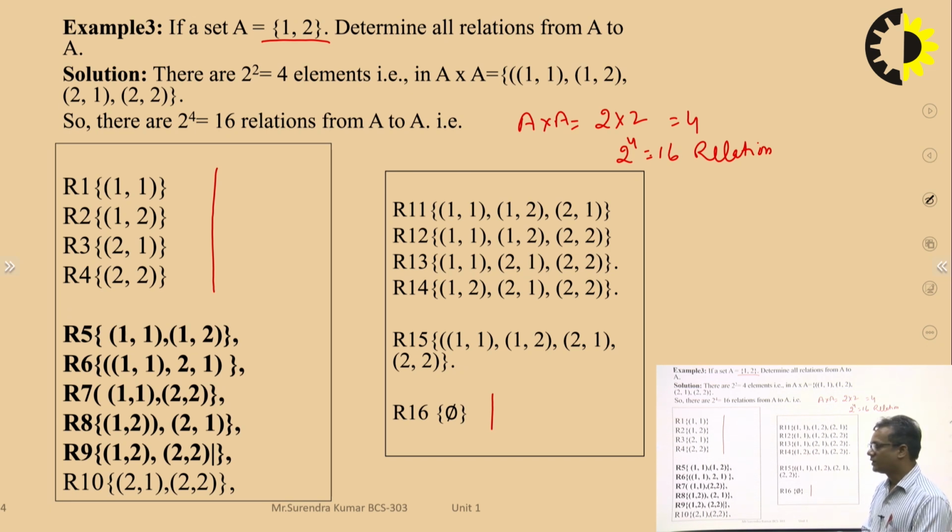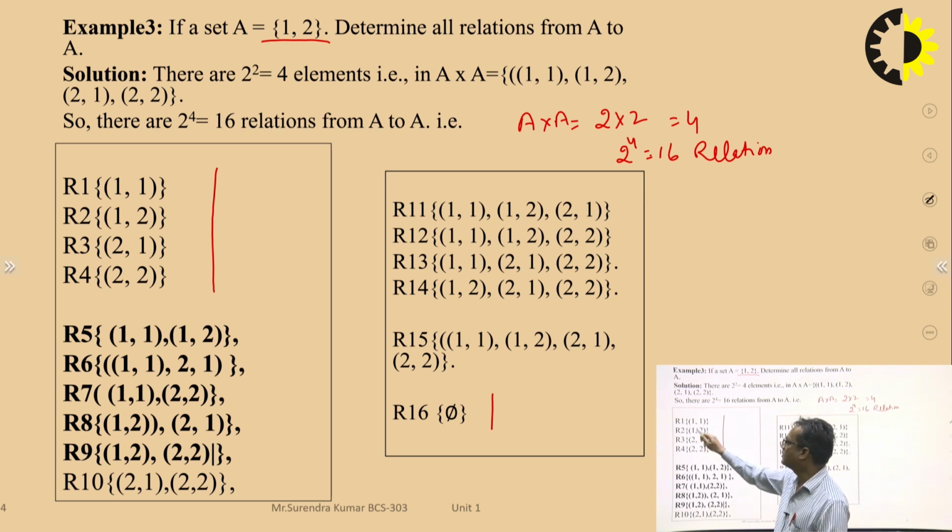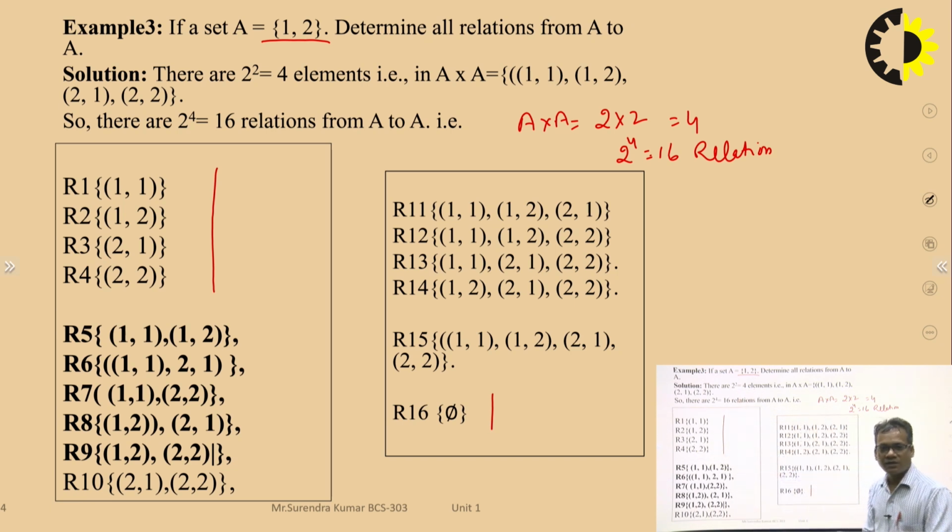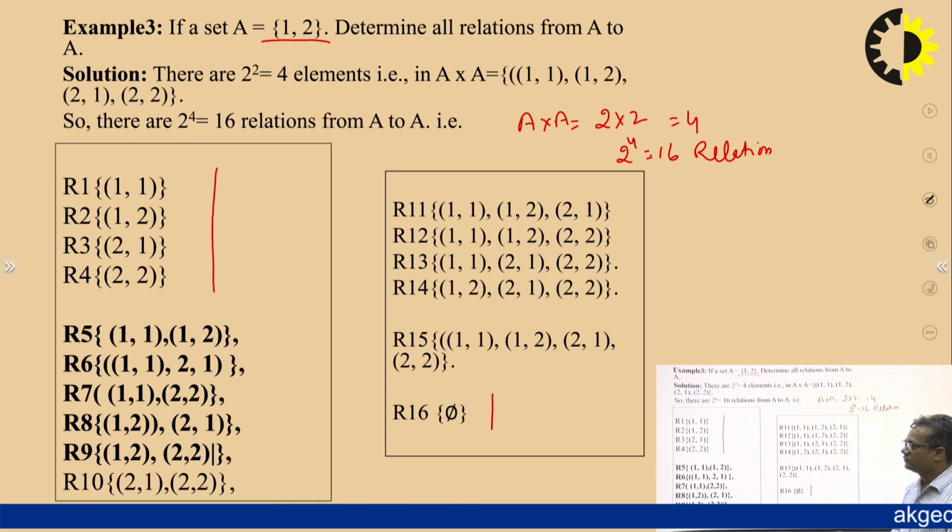So this is also a relation. Rest, we can have relations (1, 1), (1, 2), (2, 2) and (2, 1). So these 4 relations can be created with the given set for a single ordered pair.